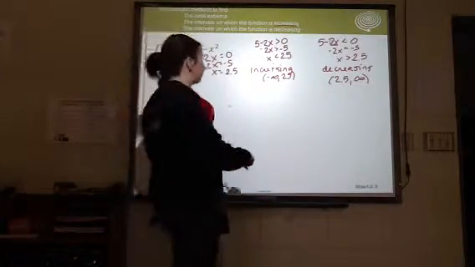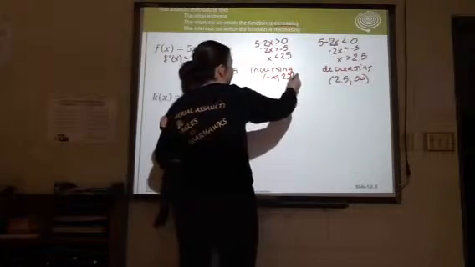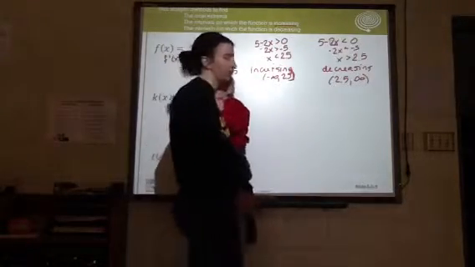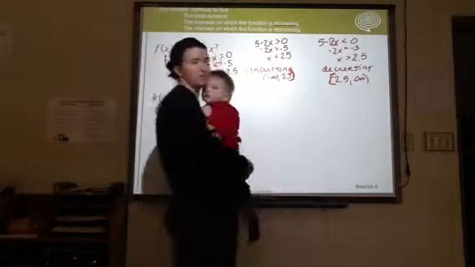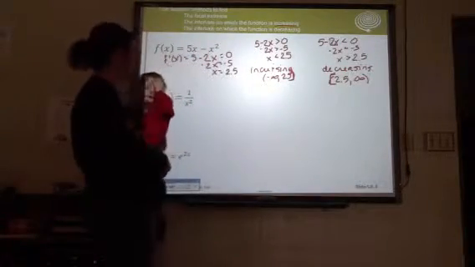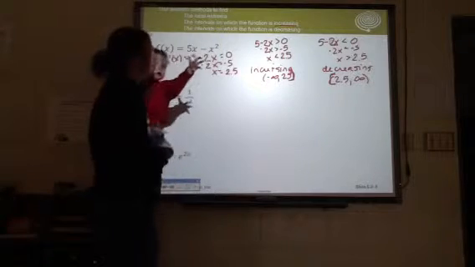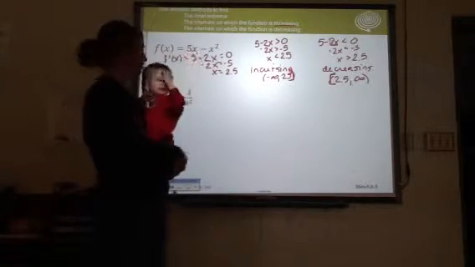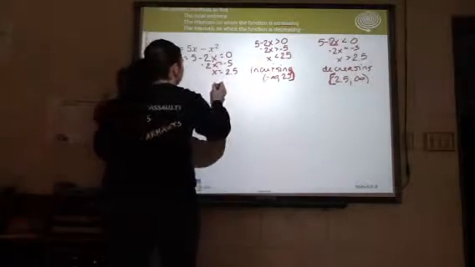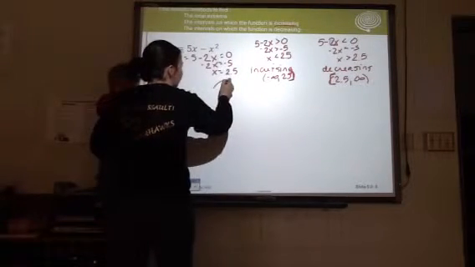I'm not sure if you caught it, but I just caught it. When we're finding increasing and decreasing, we're supposed to have closed intervals. So let's change that parenthesis to a bracket there on my 2.5. Okay, so now I'm trying to decide whether this number is going to be a local max or a local min. It is increasing first, and then it is decreasing.